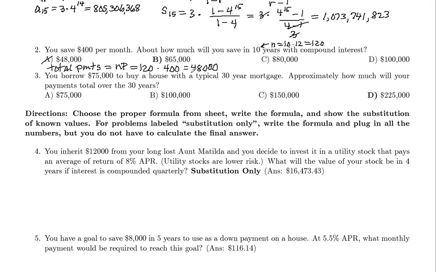But if this whole starting amount, 48,000, was in there for 10 years, it would probably almost double, which would be 96,000. But we're not starting with 48; we're starting with 0. So this is not going to be anywhere near a double. So it's going to be 48,000 plus interest, but it's not going to be anywhere near $80,000. So this is too high. It's got to be 65,000.